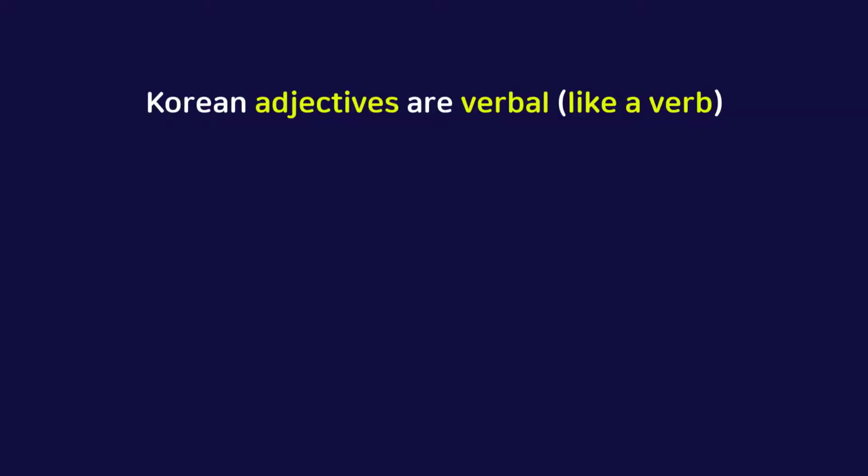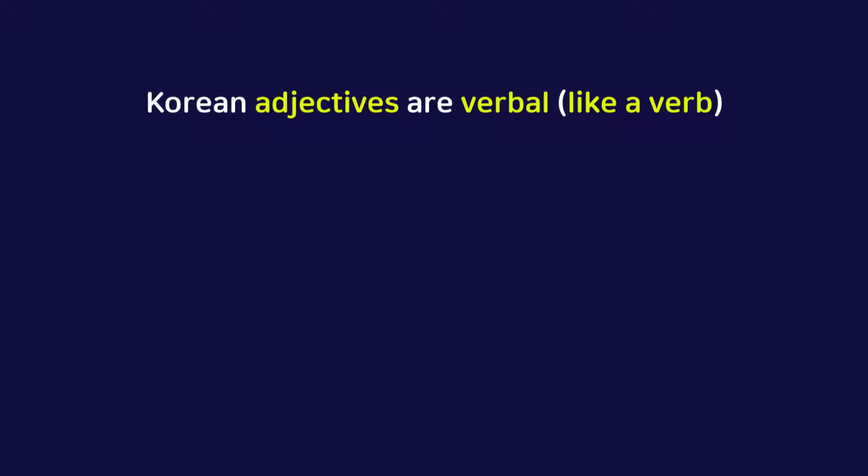Today we're going to be learning how to talk about our feelings and moods in Korean. Now, one of the most unique features of Korean language is that Korean adjectives are verbal. This means that they take up the position of verbs in a sentence and they basically function like a verb.